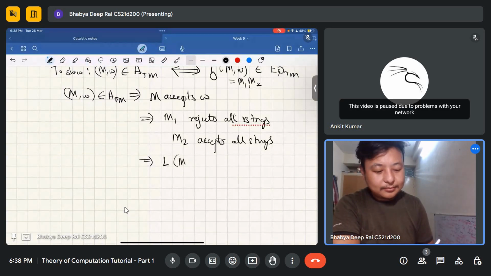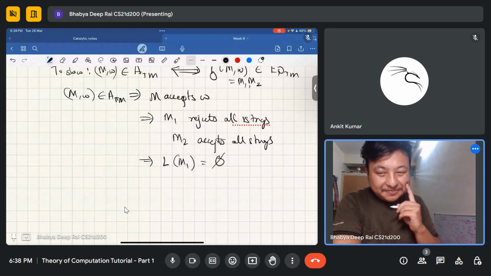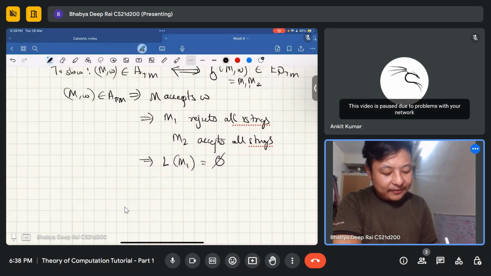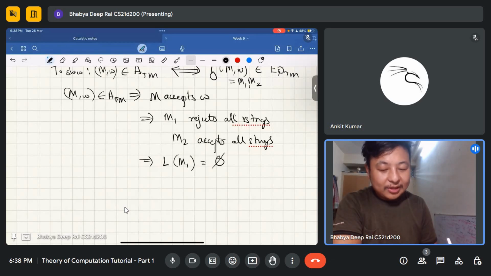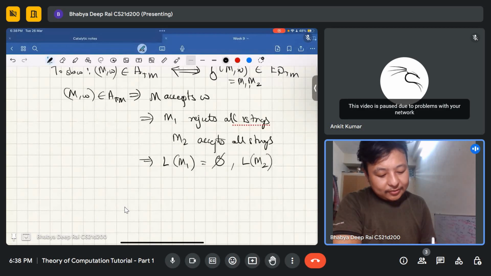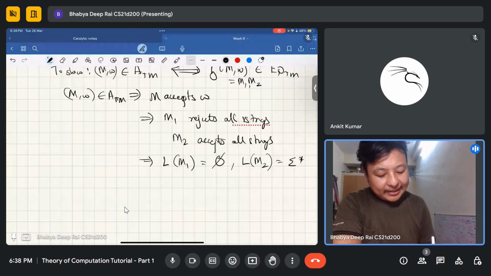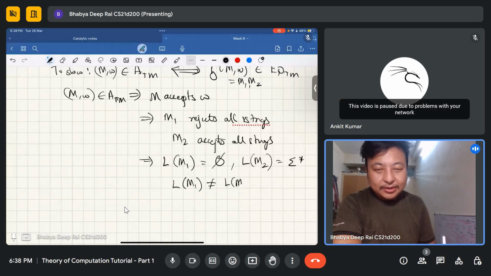The language is empty, and M2 accepts all strings. So if it accepts all strings, then what is the language of M2? It is sigma star. So is L of M1 not equal to L of M2? That is the question, and the answer is yes.